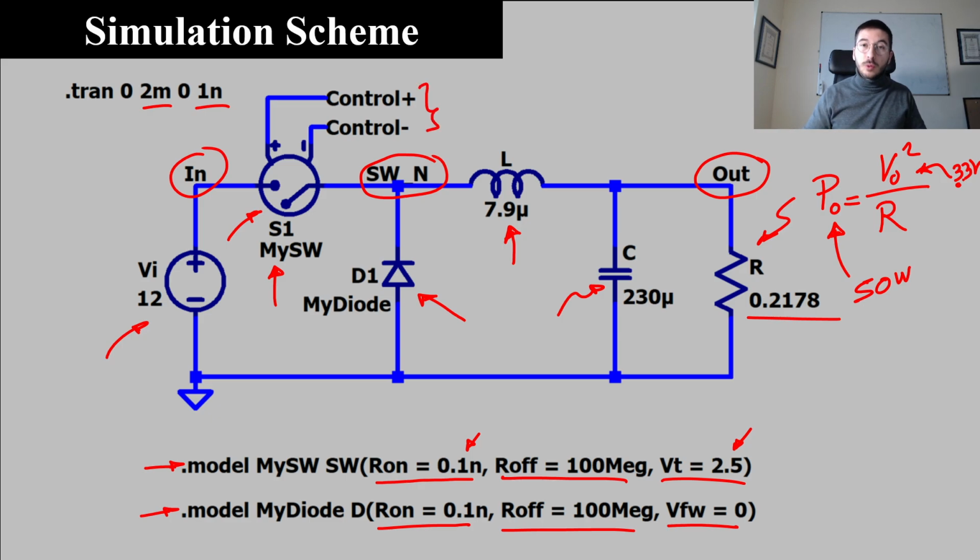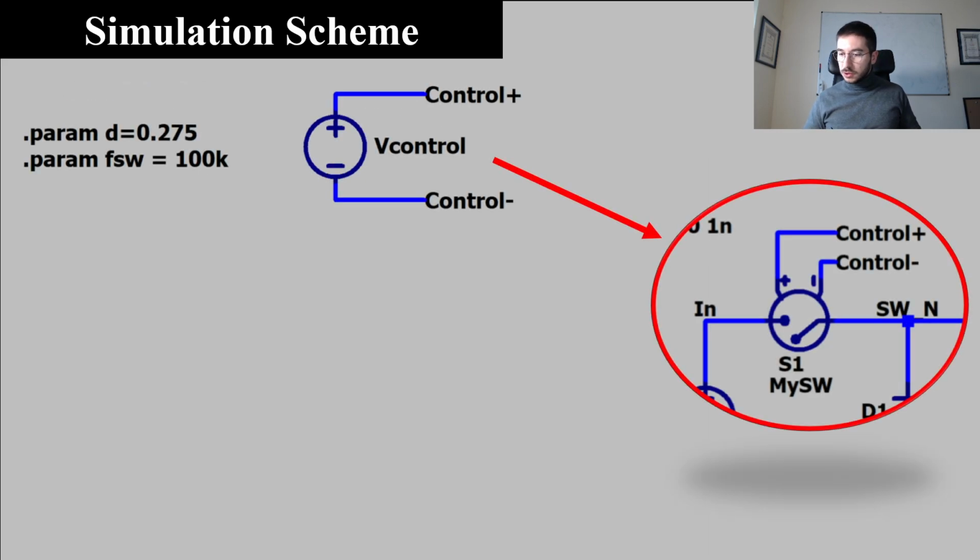Let's talk about how we control the switch. We have to put a control signal to say when we want a short circuit and when we want an open circuit. So let's see how we generate the control signal, taking into account that the threshold voltage is 2.5. What we are going to do is to put a pulse voltage waveform, and we are going to define two parameters: duty cycle and switching frequency.